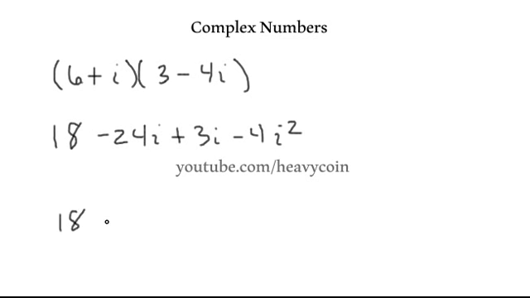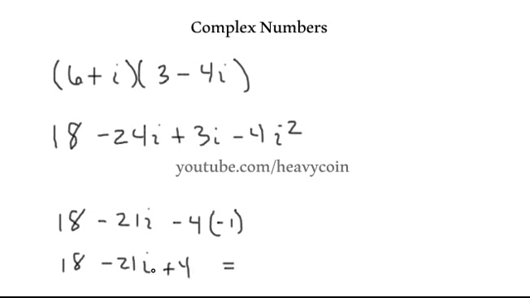Now we end up with 18, negative 24 plus 3 is negative 21i, minus 4i squared. Now remember that i squared is equal to negative 1. So we have 18 minus 21i plus 4. And of course we can simplify this down. 18 plus 4 is 22 minus 21i. And that of course is the form that we want to get it in, the a plus bi form.